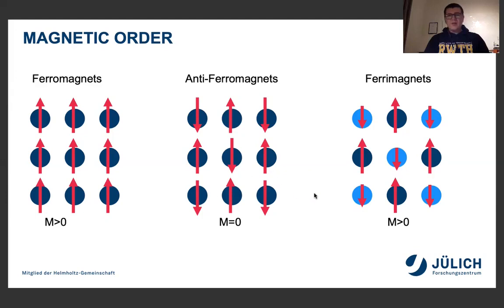And there also are ferrimagnets which in principle do the same. However, one of the atoms can have a larger or a smaller moment than the other. And so you have a net moment which is larger than 0. So you have many different magnetic orders which are possible, including non-collinear magnetic effects and alignments.